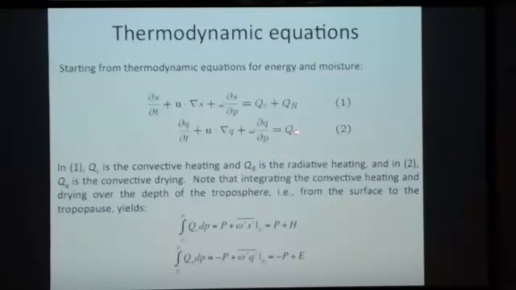And if you do the same integral over Q sub Q, you get minus the precipitation rate plus the evaporation or evapotranspiration. So this is expressing the effect that when we have rainfall occurring, that gives us a heating term in equation 1, and a drying term, or a sink for moisture, in equation 2.